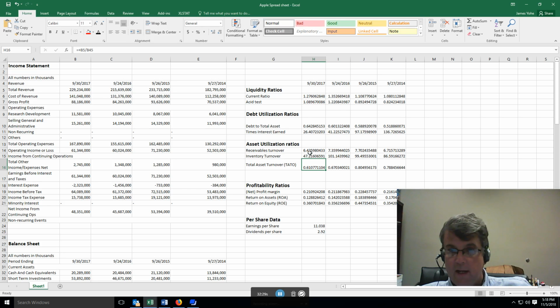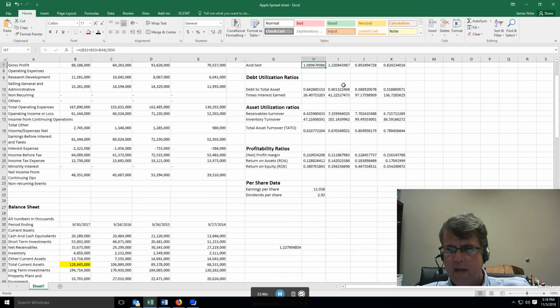Their debt is rising. Their current ratio has decreased over the last year, but it's higher than it has been in the past. So they look like they've got ample liquidity. Their debt ratios are a little unnerving.